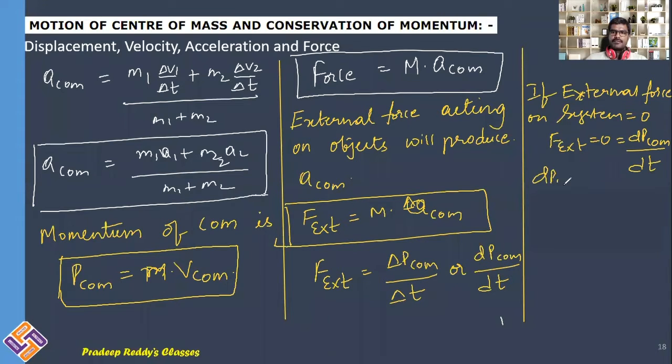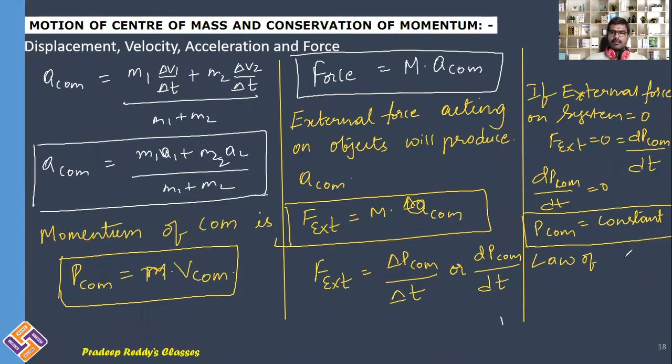The derivative of anything that is constant is equal to 0. It means that PCOM is equal to a constant. That means the center of mass momentum will remain constant. This is called the law of conservation of momentum.